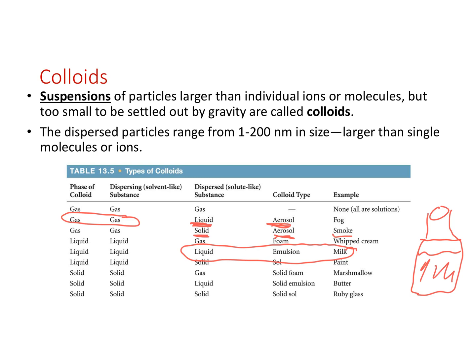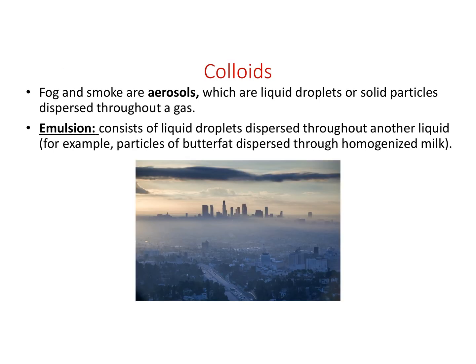So whether we know it or not, we've all seen a few examples of suspensions. Two key examples would be smog or smoke, where you've got really small, fine droplets suspended, and again, they're so small that they stay in that solution for a really long time. They don't really settle out.